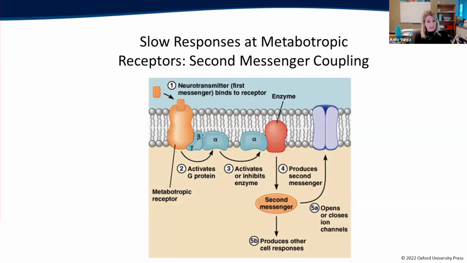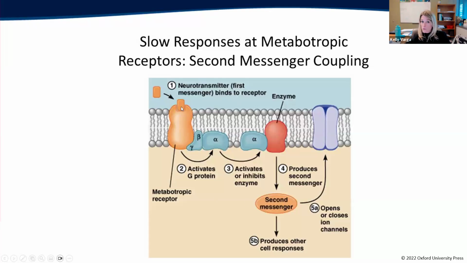I don't need a key. For a receptor, though, I need my key. My key is my ligand, right? Again, I can see that right here. Here's my little neurotransmitter. Here's my little key into my lock. And now the process can begin.